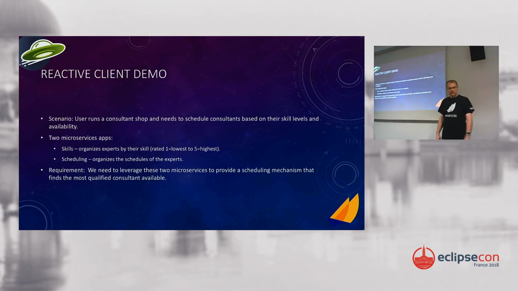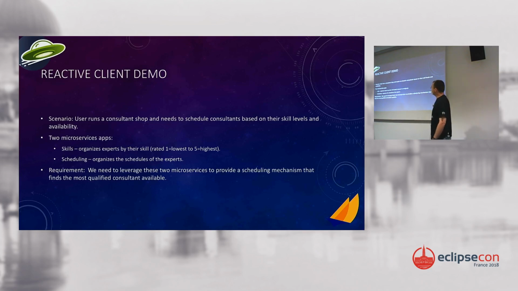I'm going to show you a little bit of code in a bit, but before that I want to set it up. In this scenario, we run a consultant shop, and we've got two microservices already. We want to track who our consultants are and what their skills are. So we have a set of employees who are experts in certain fields. Some may be experts in JAX-RS, some in CDI, et cetera. And we rank them from 1 to 5. If you've worked in big companies like IBM, this is nothing new.